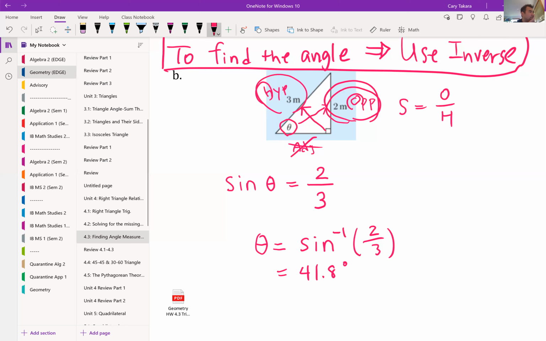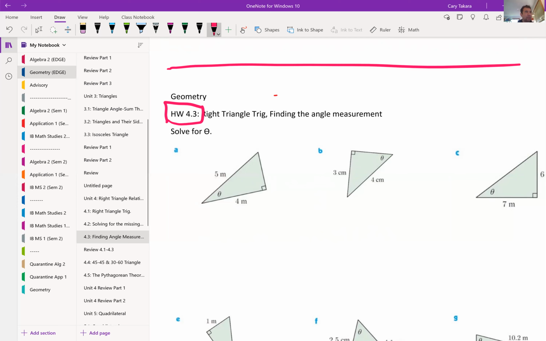I need to see it. Homework HW 4.3. So let's write it down. Okay, so let's begin and work on A.